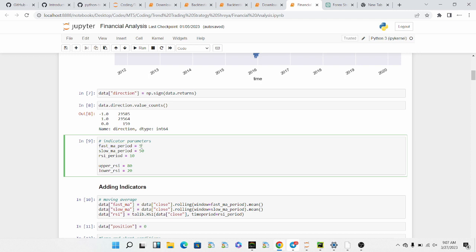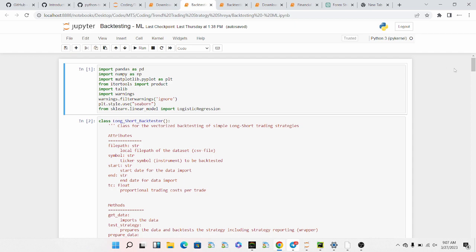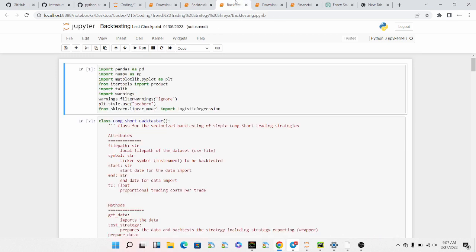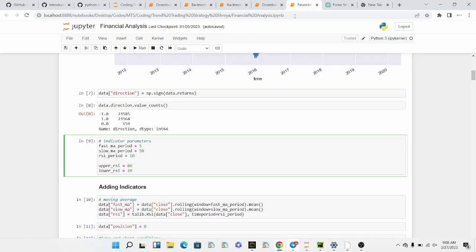All right, so for our indicator parameters, for the fast SMA, which is supposed to be 50, we changed that value to 5. And for the slow MA, which is supposed to be 200, we changed that value to 50. Now, these are the optimal values which we got from our backtester class, and I am not really going to go over this backtester class to show you how I worked around them, but they're going to be available on Trading Kernel Stack for you. I'm going to show you how to instantiate the class and how to backtest your values as well.